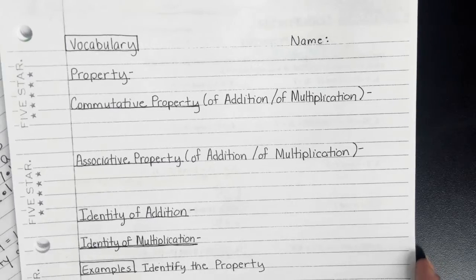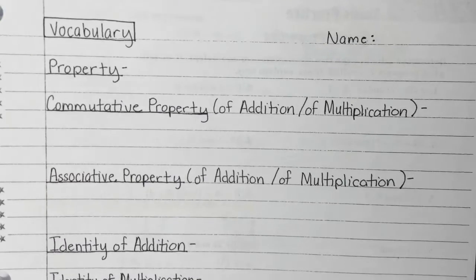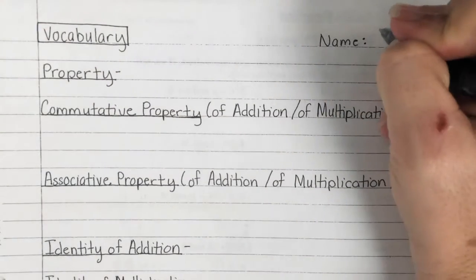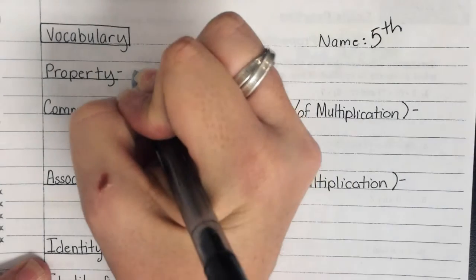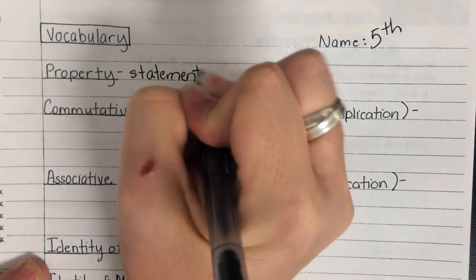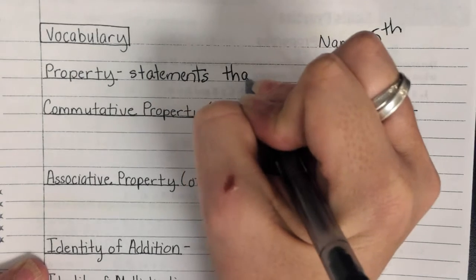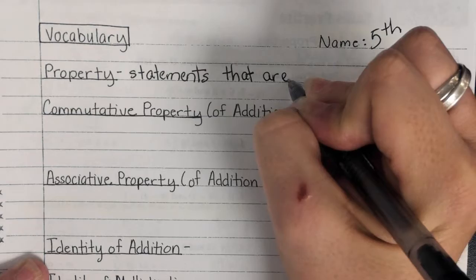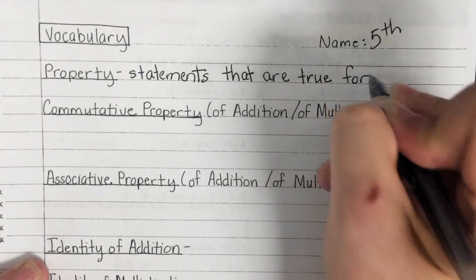Now, starting out, all a property is, I'm going to make it look all pretty. It's fifth period. All a property is, is a statement or statements that are true for every number.